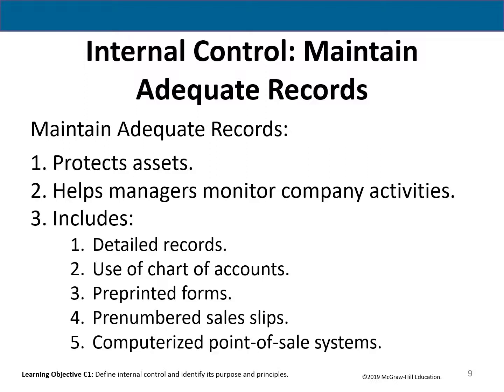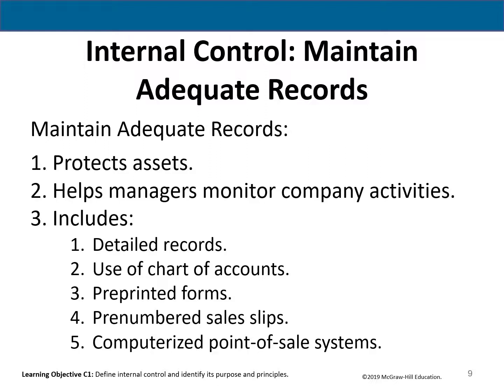Okay, so there are all different kinds of internal controls for each type of asset that we can do. This helps managers monitor the company activities, and it includes detailed records using our chart of accounts, using things like pre-printed forms. It's the scariest thing when you don't have pre-numbered forms, pre-numbered sales slips.